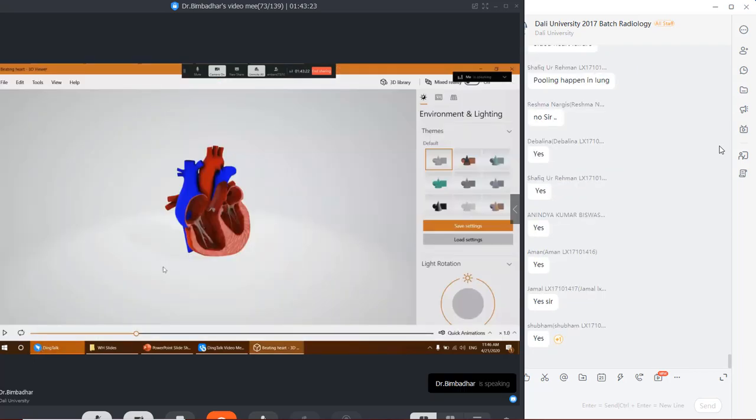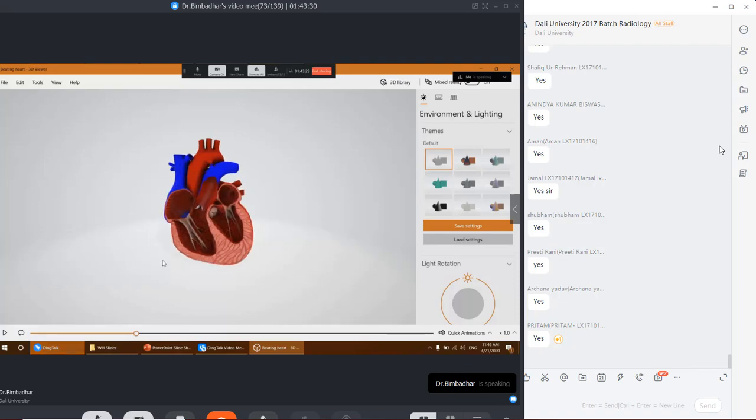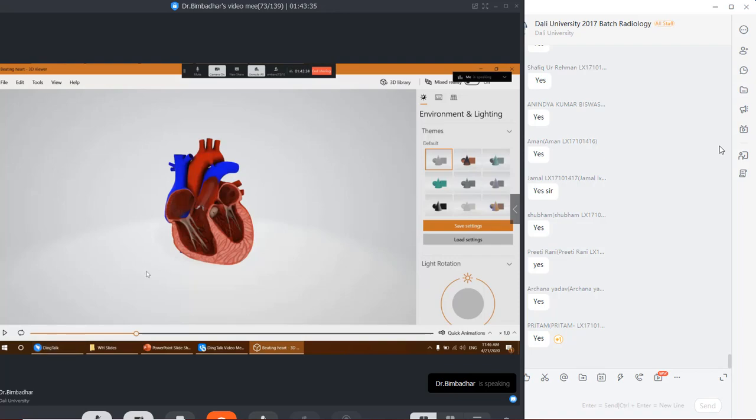We have a heart here. Now you see one thing here. Let us try to understand. Please don't type anything until I ask you because I'm sharing the desktop. You see here, the blood from the right ventricle goes into the pulmonary arteries. But how does the blood enter the right heart?